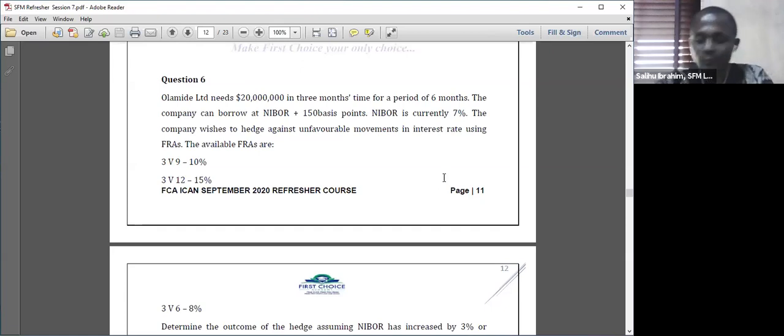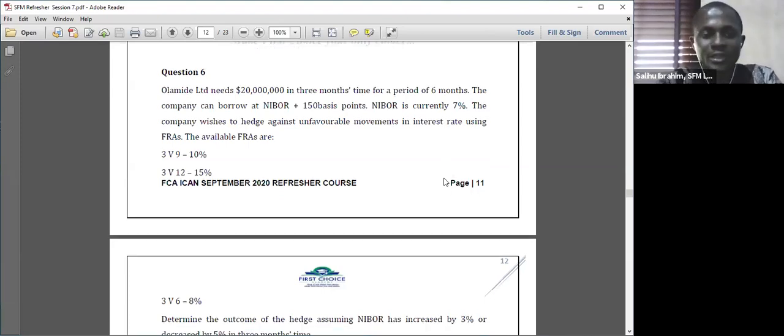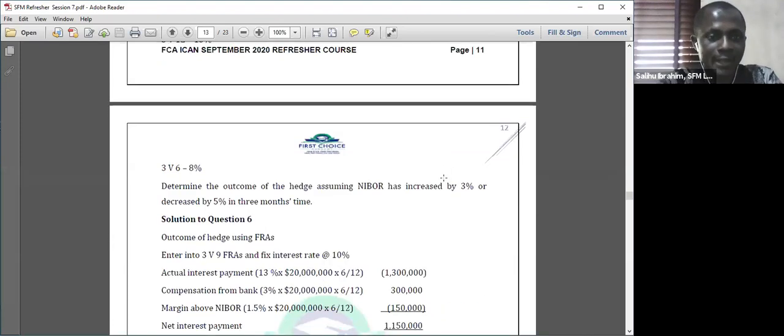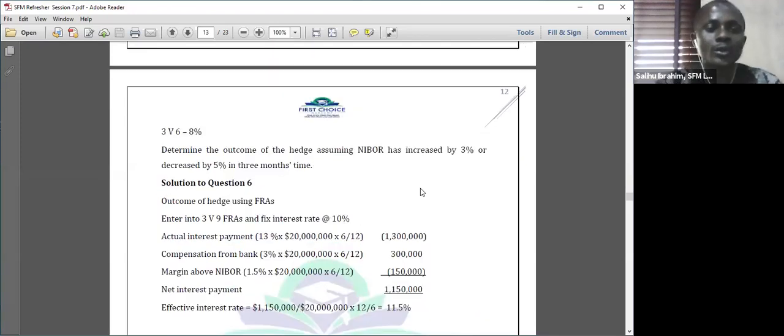I will read the question, explain, and we solve accordingly. Let's go to what the question wants us to do here. We are asked to determine the outcome of the hedge, assuming NIBOR has increased by 3% or decreased by 5% in 3 months' time.